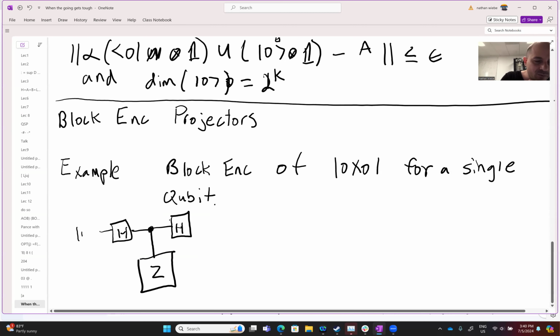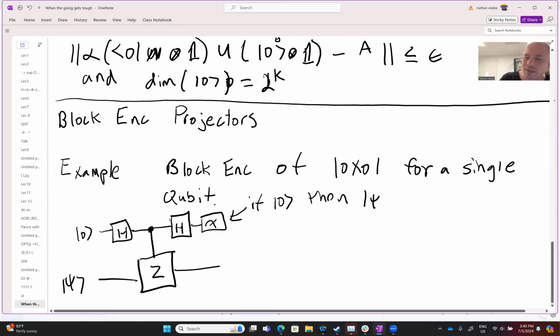I'll begin with 0 up here, and I'll measure the result. And the claim is that if 0 is measured, then the state at the bottom, psi, will get mapped to |0⟩⟨0|psi⟩.